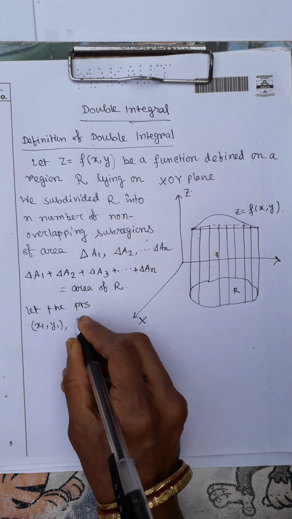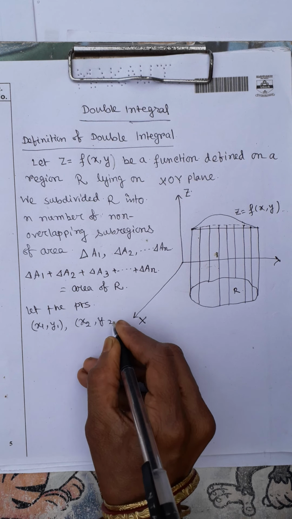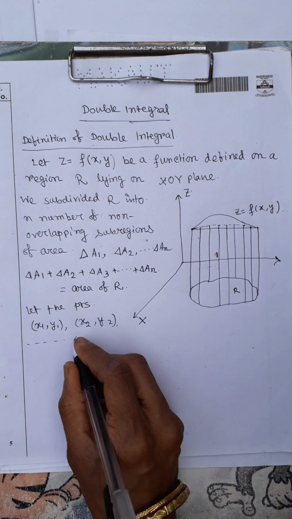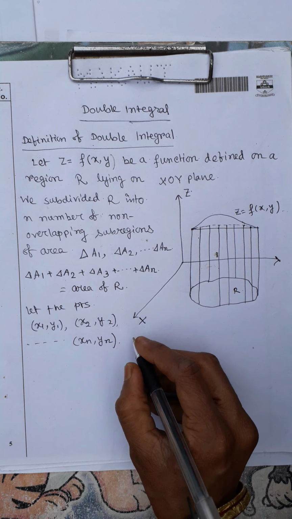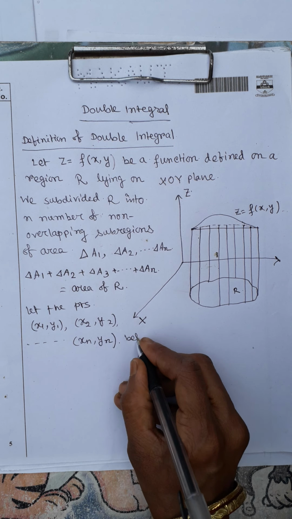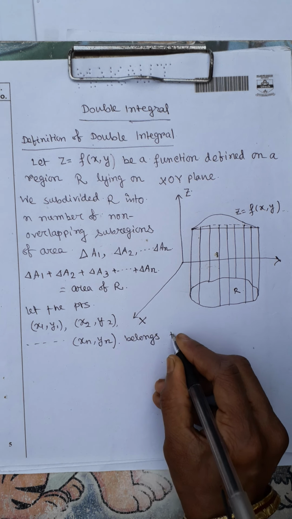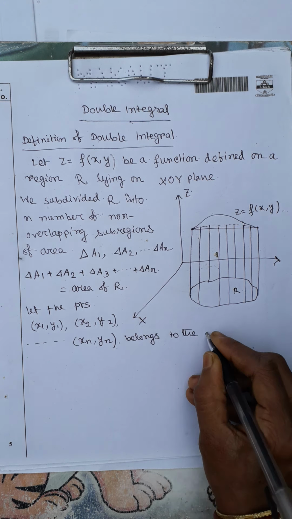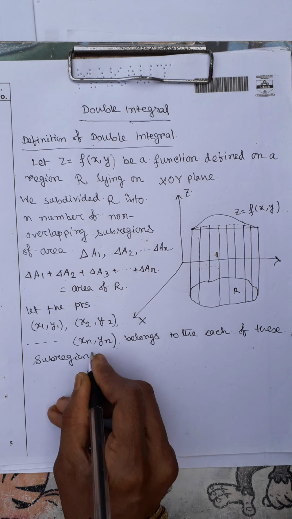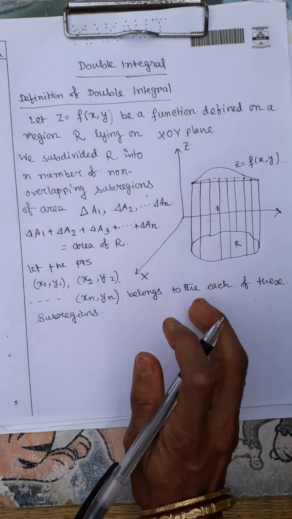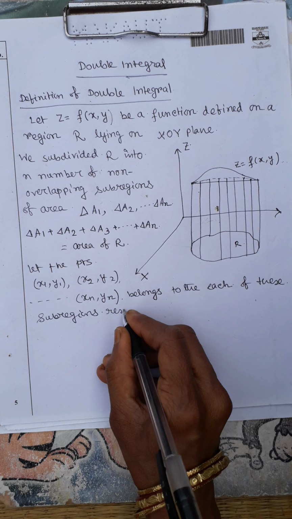Okay, let the points (x1,y1), (x2,y2), up to (xn,yn) belong to each of these subregions respectively.